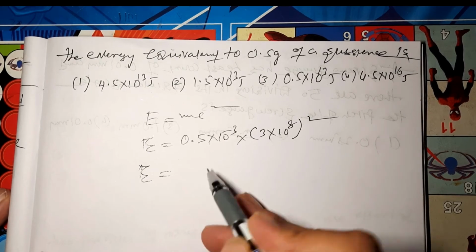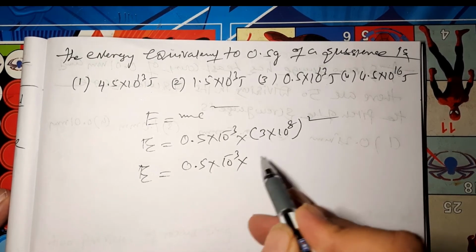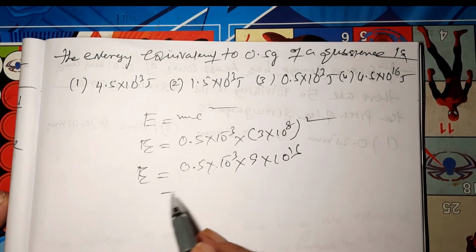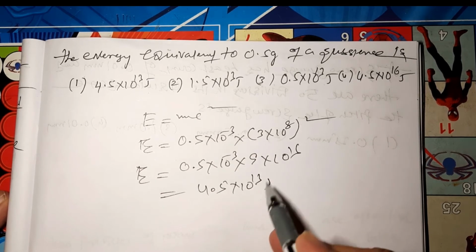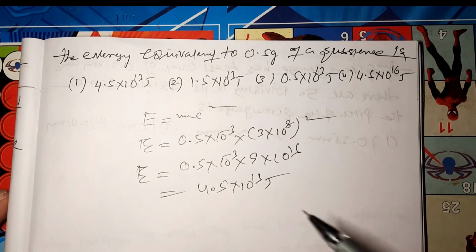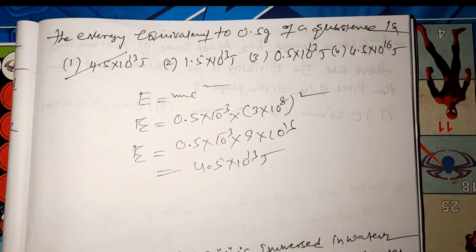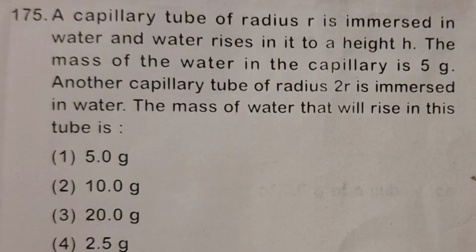So E is equal to 0.5 into 10 to the power of minus 3, into 9 into 10 to the power of 16. So 4.5 into 10 to the power of 13 joules. So our correct option is option 1. Okay, right.